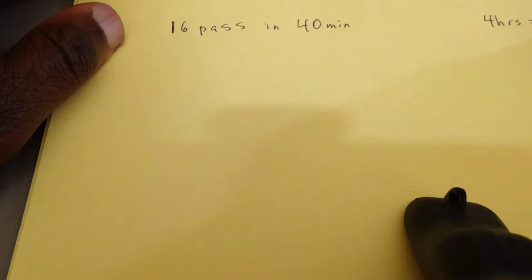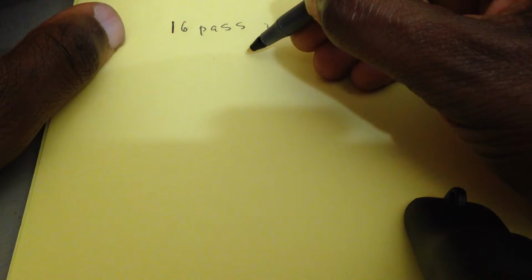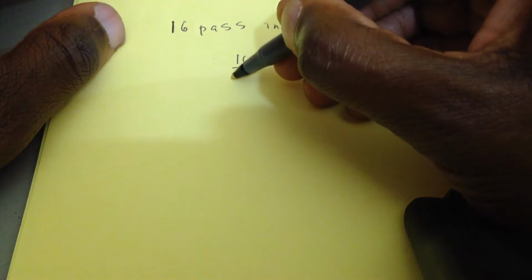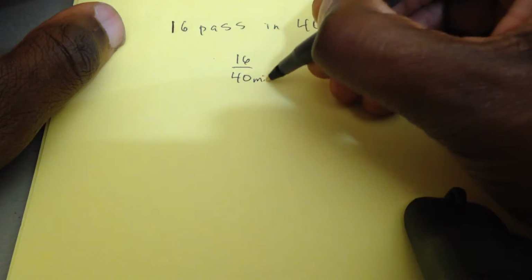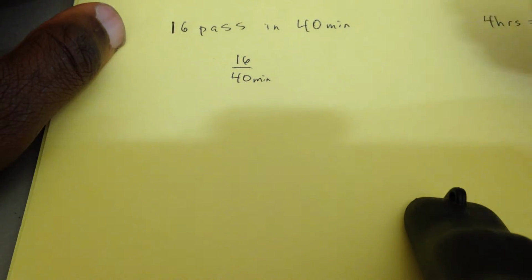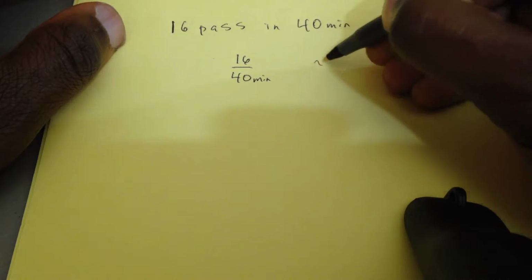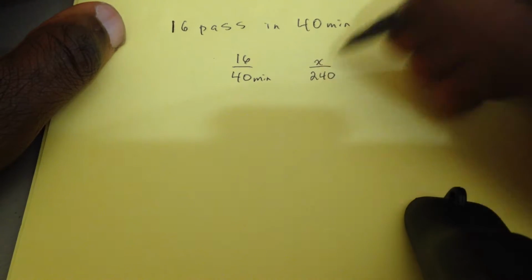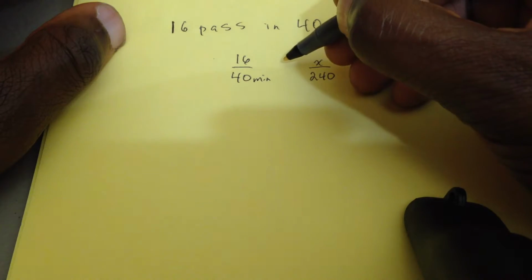All right. So she sees 16 passengers in 40 minutes. In 4 hours, she's going to be 240 minutes. Okay. So now let's just write this in a proportion style. If she sees 16 passengers in 40 minutes, that means she's going to see a certain amount, X, of passengers in 240 minutes, right?